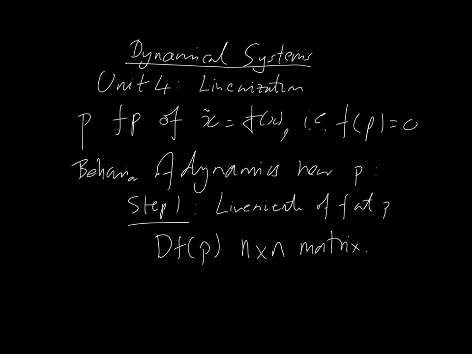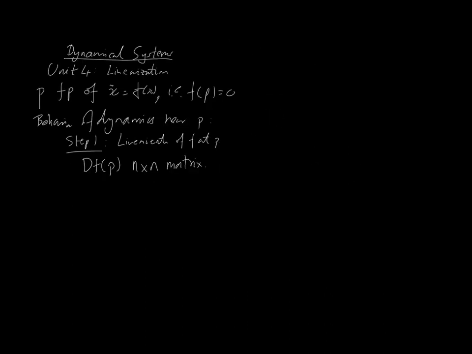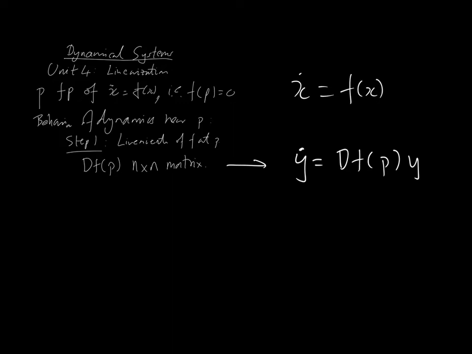Associated with df of P, we might also think about a dynamical system. So let's call it y instead of x, and that's y dot is equal to df of P times y. So this is a linear system. And what we do is we think of x dot is equal to f of x as giving rise to this y dot is equal to df of P times y.